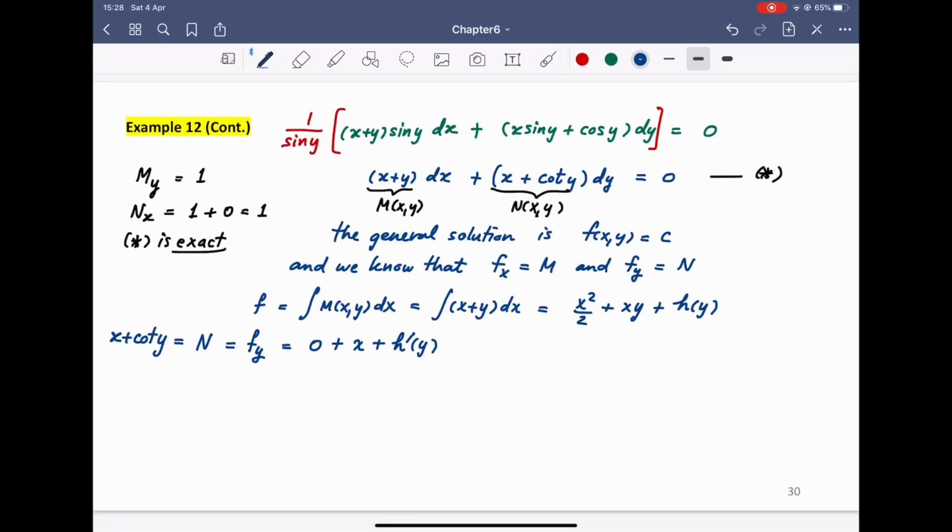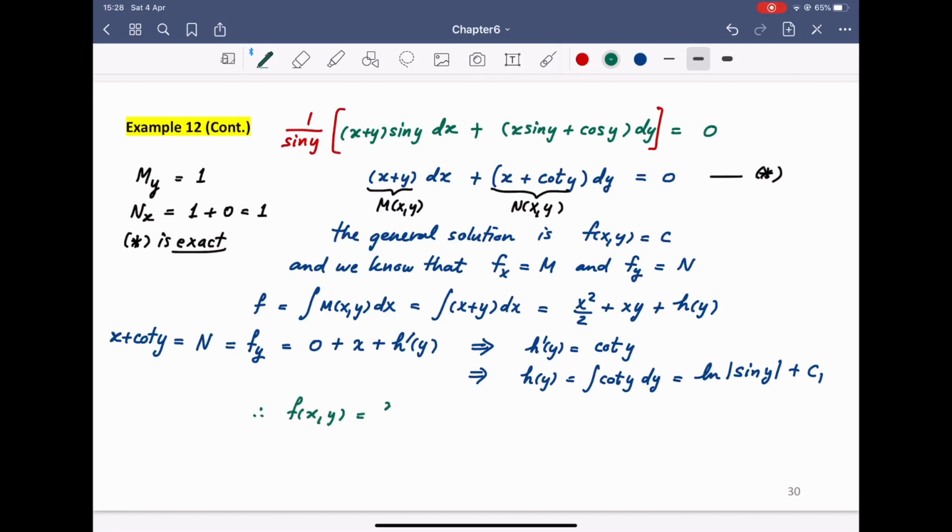So comparing this equation, what you will get is h prime y equal to cotangent of y, and that is h(y) equal to the integral of cotangent of y dy. So now you have log absolute sine y plus constant c1, right? So now once you have everything, your conclusion is f(x,y) is equal to x squared over 2 plus xy plus log absolute sine y plus c1.